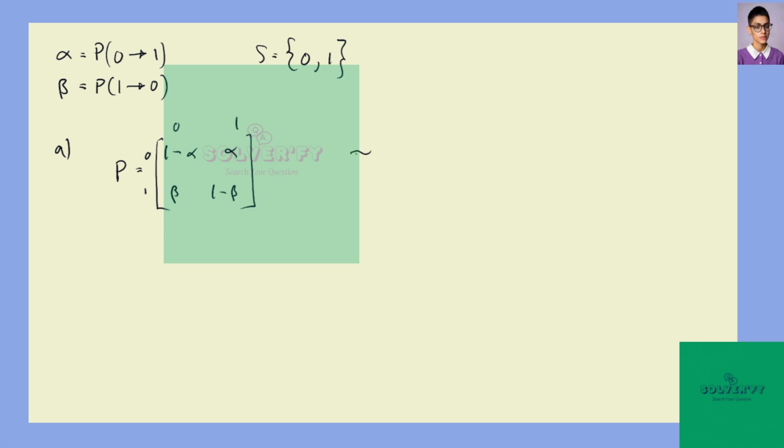For the steady state distribution, pi times the one-step transition matrix is equal to pi.